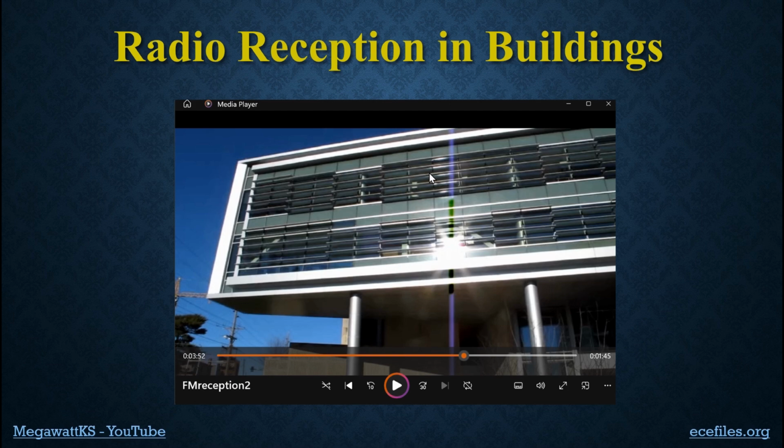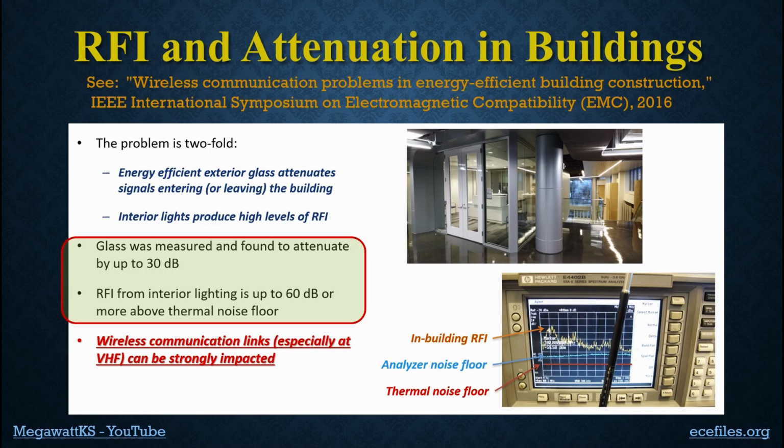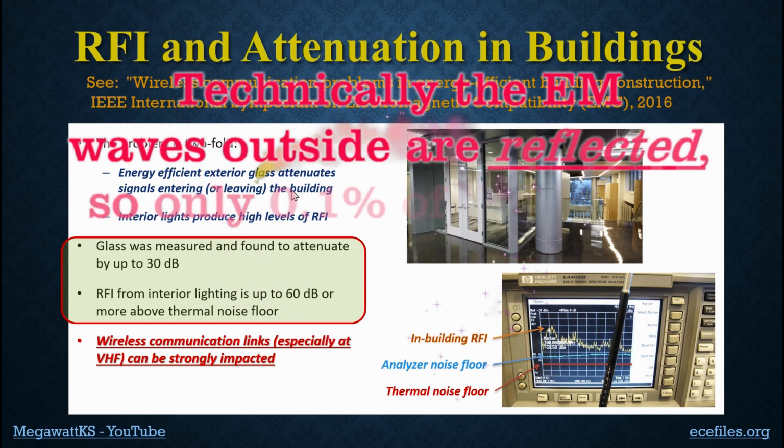And looking at the building, you might think that radio signals wouldn't have much trouble entering it because it's mostly glass on the outside. The walls are essentially glass. But what we found when we investigated this problem is that there are actually two issues. One is the energy efficient exterior glass attenuates signals entering or leaving the building.